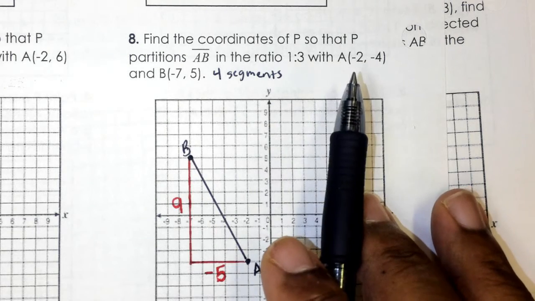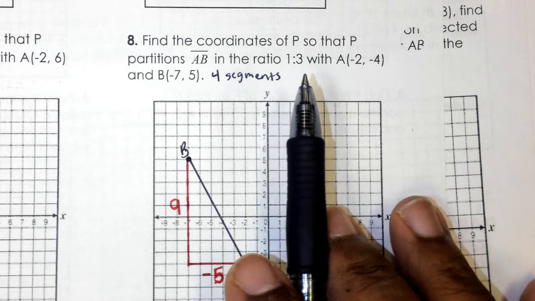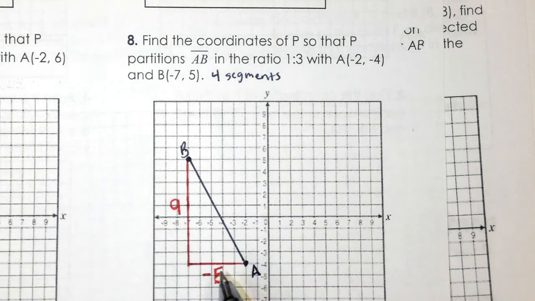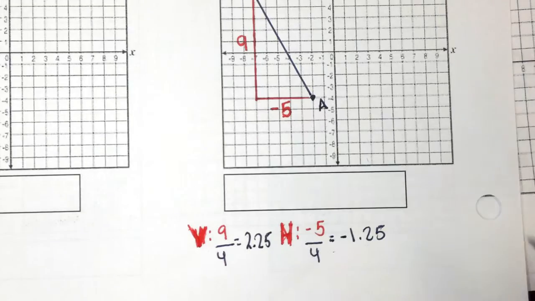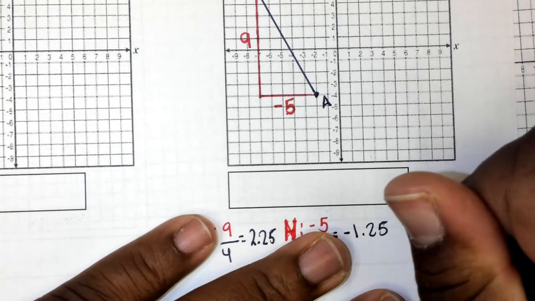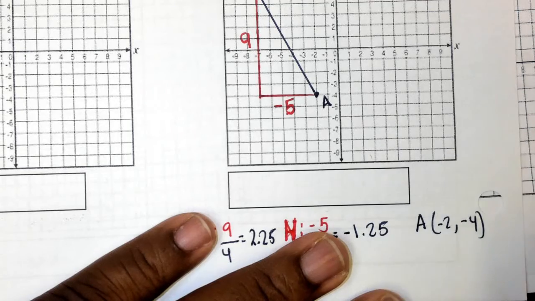It's telling us to go from A to B. Point A is where we're going to start our partition from. And we go 1 to 3, so we really only have to do it once, because by the time we step over 1, we'll be at the right partition point. A was at -2, -4.